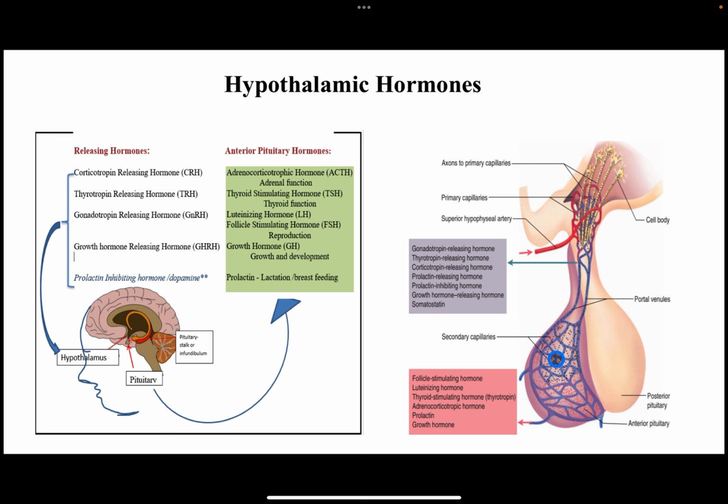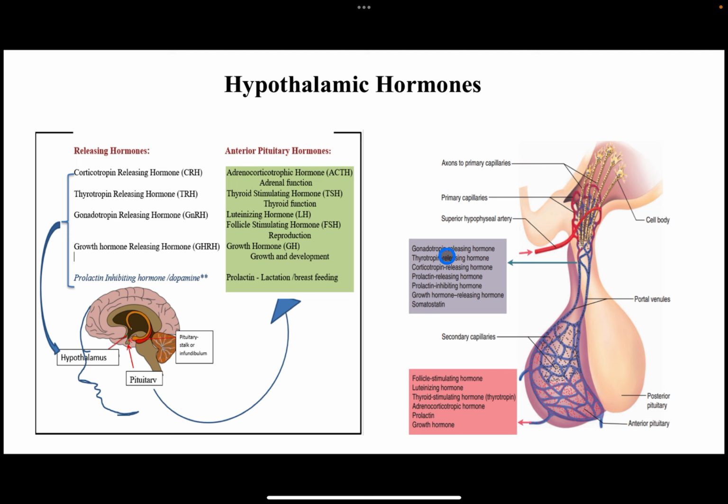So you see, this one is a blood vessel. It uses a blood vessel, the portal venous. That is what connects the hypothalamus to the anterior pituitary. So in actual sense, the hormones that are produced over here are transported through these vessels to come and stimulate some cells within the anterior pituitary, to stimulate them to produce some specific hormones. Is that okay?